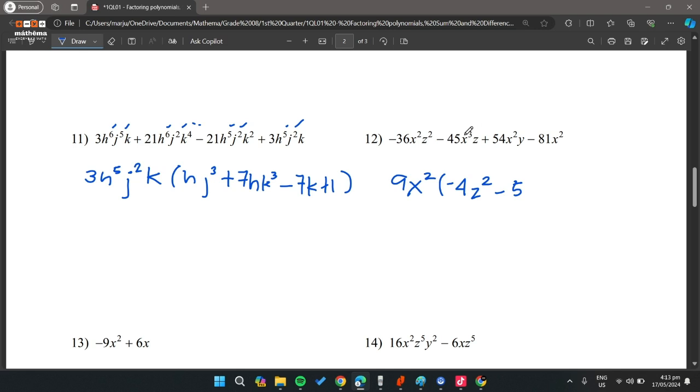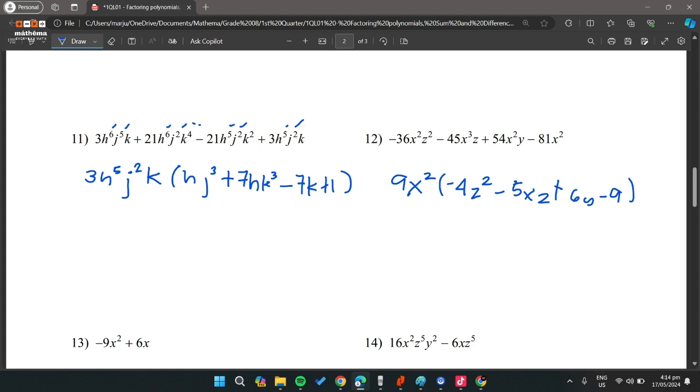And then x cubed divided by x squared, that is just x. And then copy z, plus 54 divided by 9, that is 6. Cancelled out x squared, and then copy y. And then minus 81 divided by 9, that's 9. And then cancelled out x squared, so that will be our factor. Alright, so that is number 12.